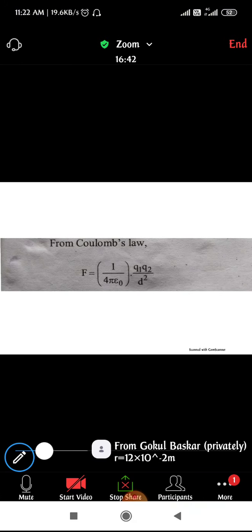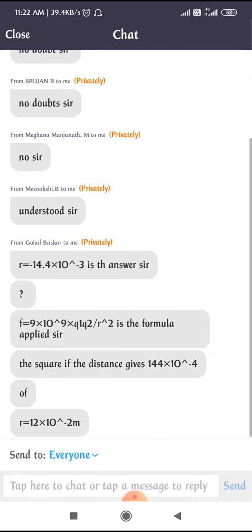Just express that value. Take out the square root of 144 there. How much are you going to get? Tell me. Okay, 12 into 10 to the power of minus 2. That comes out to be 0.12 meter, I think, right? Correct, Gokul? 0.12 meter, right?